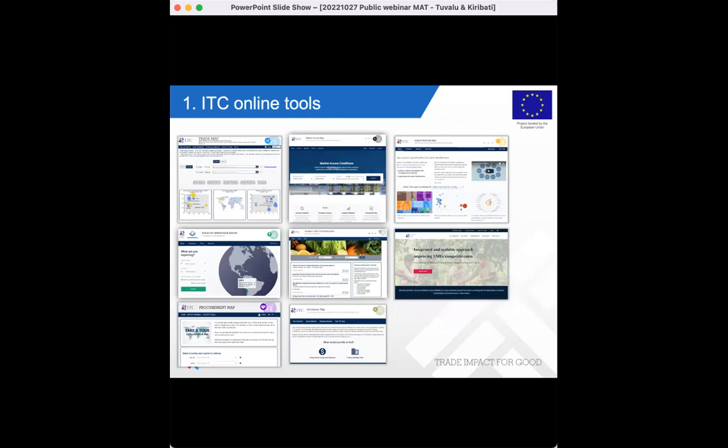But then we also have the Rules of Origin Facilitator. We have the Market Price Information portal, which tries to give as much information as possible on prices in agriculture. So I invite you to also take a look at that if that is of interest to you. We have one tool called Standards Map, which goes beyond the legal framework of trade and looks more into voluntary sustainability standards.